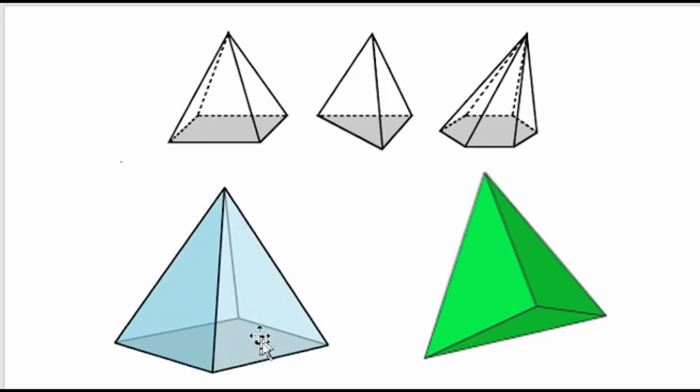If the bottom is a square, there will be 4 triangles. If the bottom is a hexagon, there will be 6 triangles. All of them meet at the top at one point. So this is a pyramid.